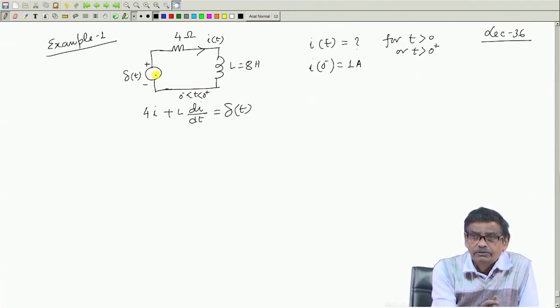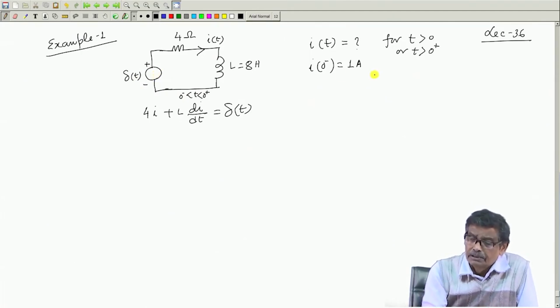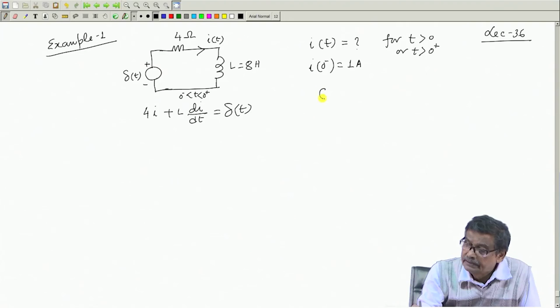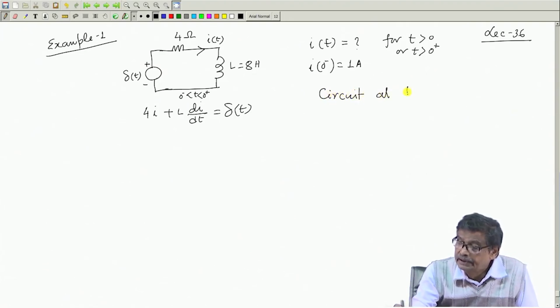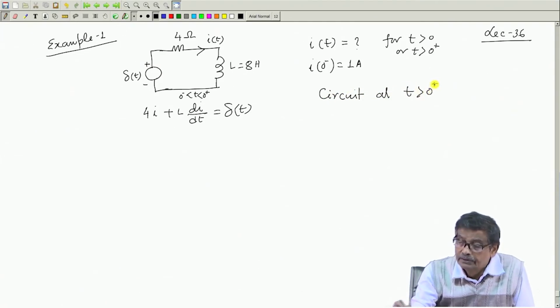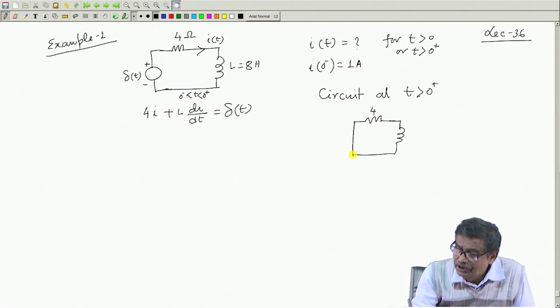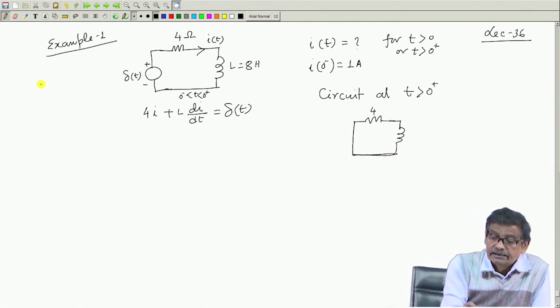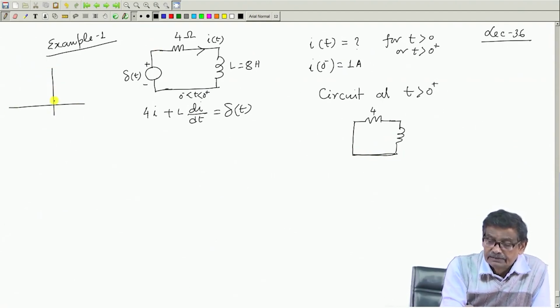For t less than 0 it was not there, I 0 minus was 1 ampere, and for t greater than 0 plus, the circuit will look like this. 4 ohm, an inductor L, and there is no input now, it is shorted, because delta t looks like this.